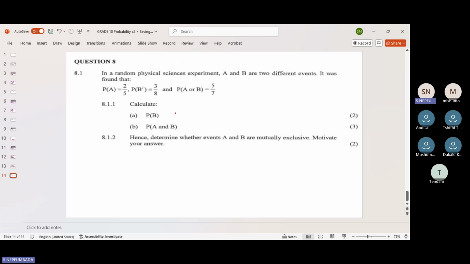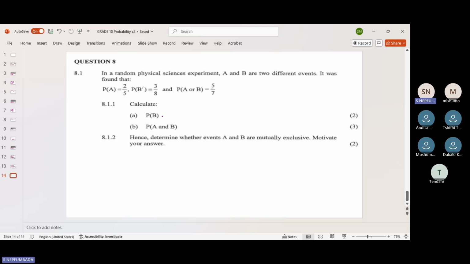Can you answer a question like this, guys? In a random physical sciences experiment, A and B are two different events. It was found that the probability of A is 2 over 5, the probability of not B is 3 over 8, and the probability of A or B equals 5 over 7.